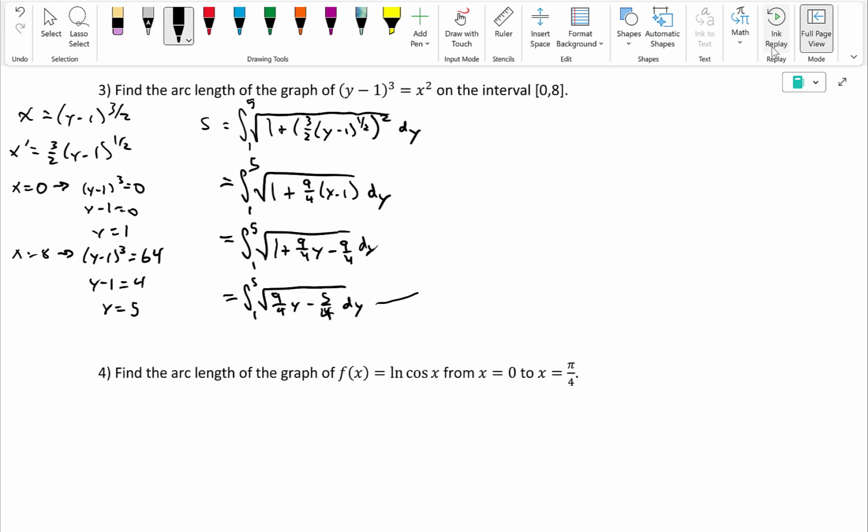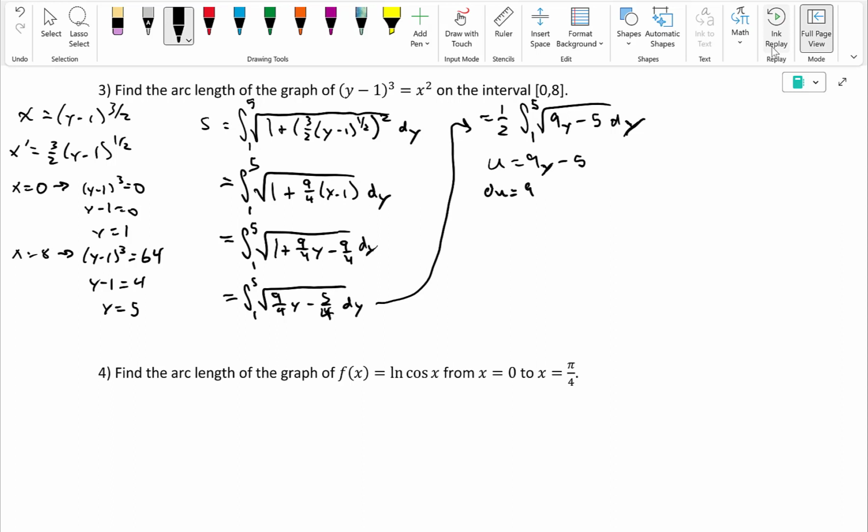We can factor out the 1/4. Taking it out of the square root would put a 1/2 out front. So 1/2 the integral from 1 to 5 of square root 9y minus 5 dy. And again, not something you have to write out the u sub for, but I'll do the little u sub so we see it. But u equals 9y minus 5.